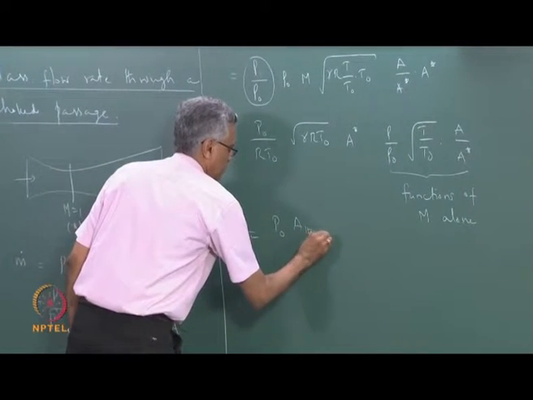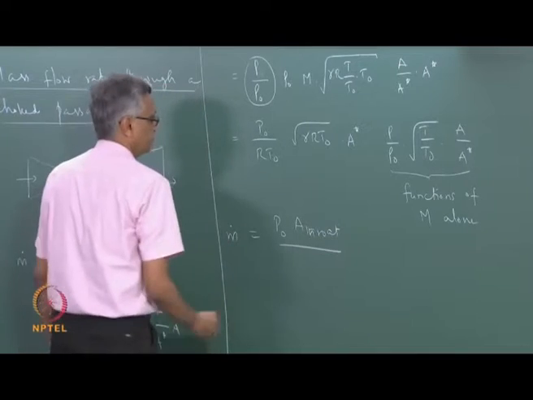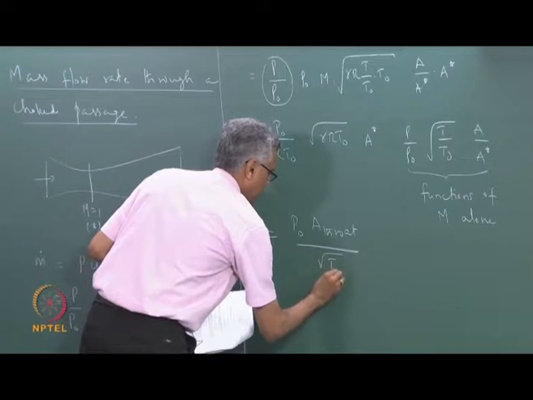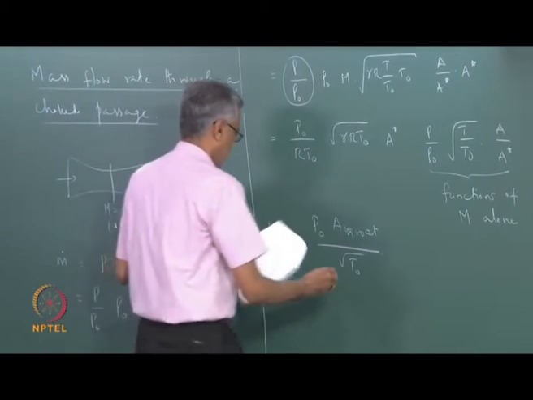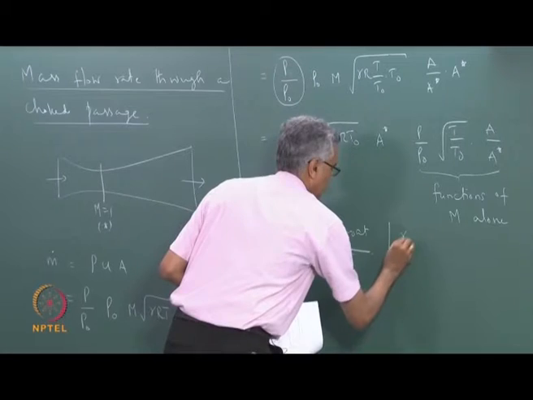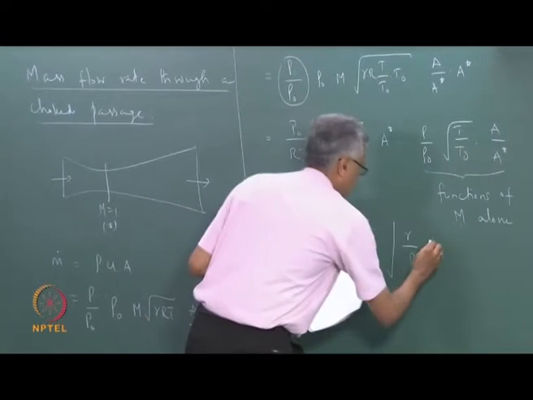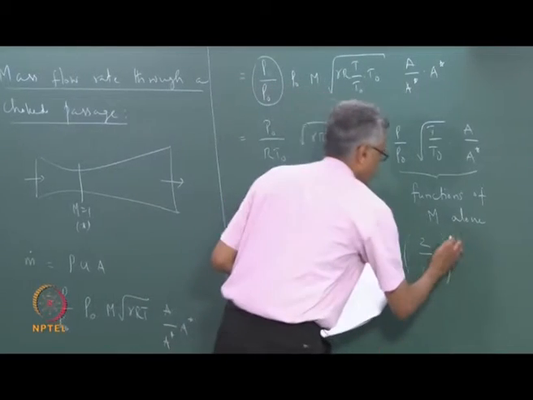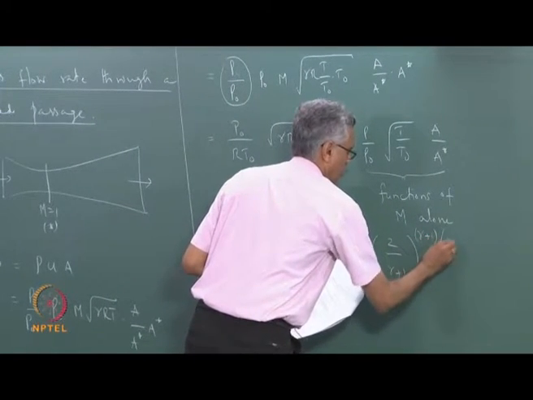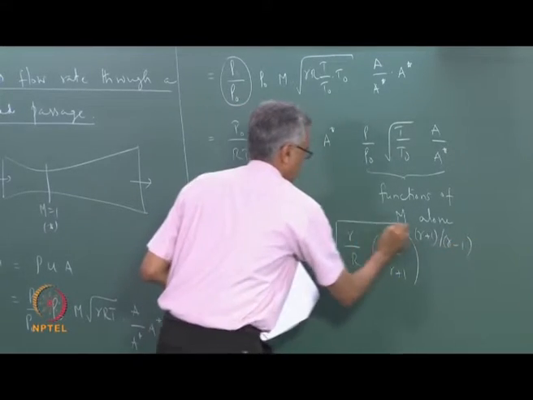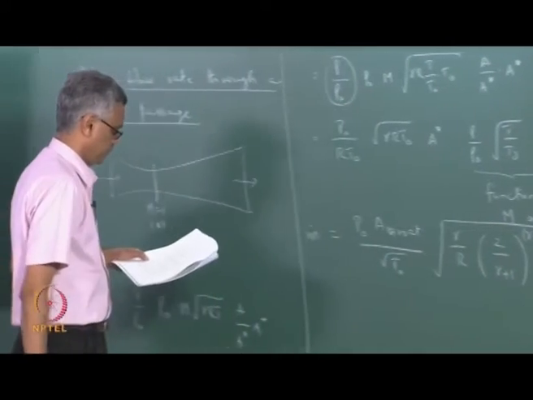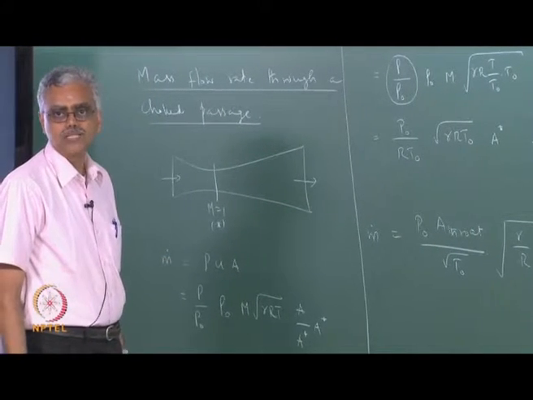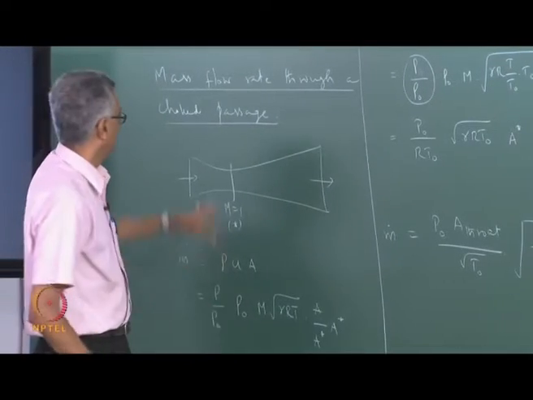So, P0 times A throat divided by square root of T naught times another quantity here, which we write like this: square root of gamma over R times 2 over gamma plus 1 to the power gamma plus 1 over gamma minus 1, all under the square root. So, this is the expression for mass flow rate through a choked passage.